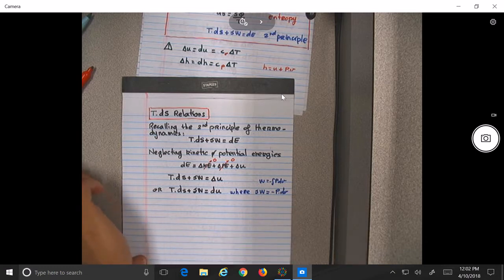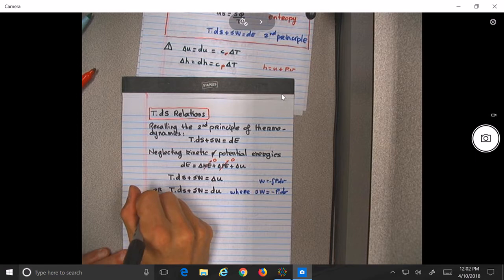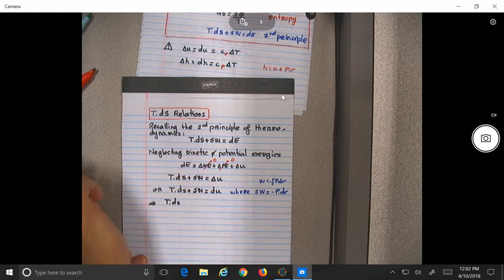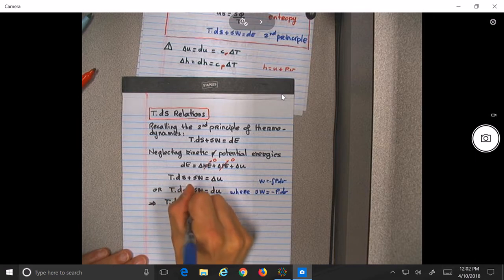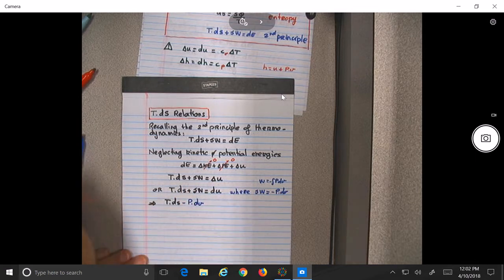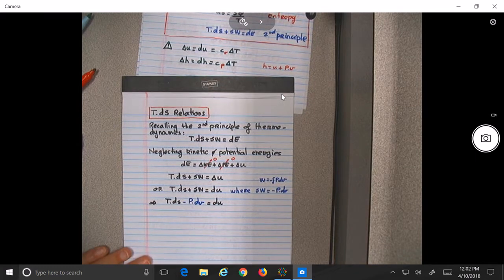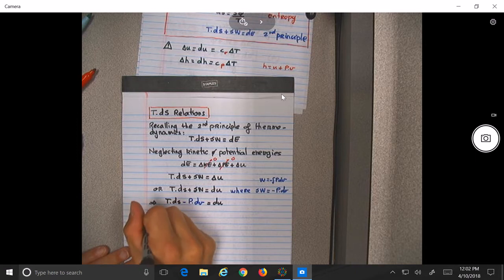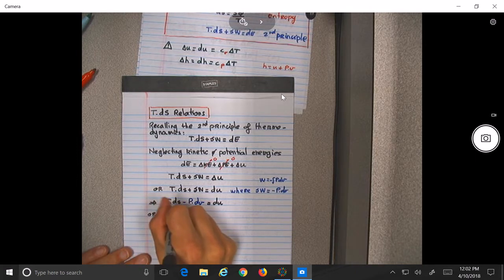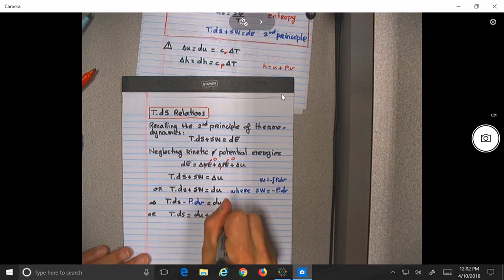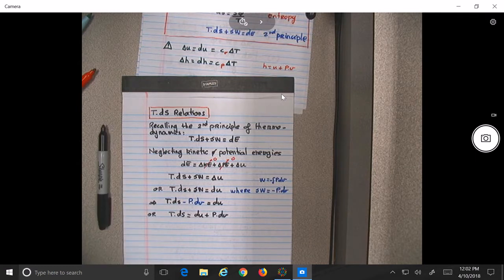So this will become what? TdS minus PdV equal to dU, or you will have TdS equals to dU plus PdV.